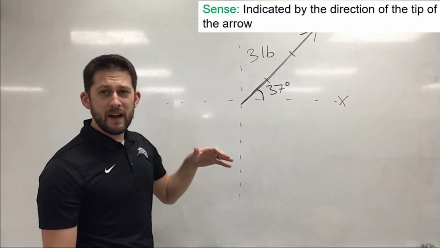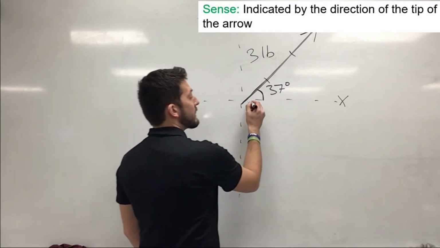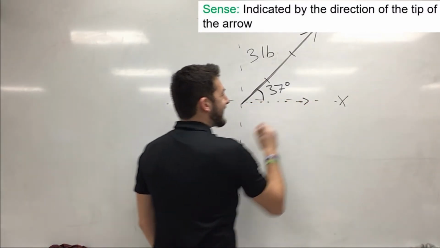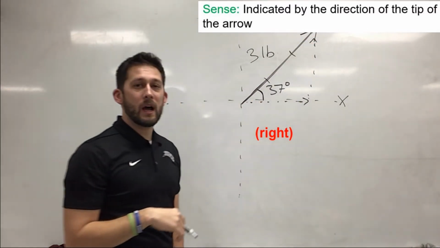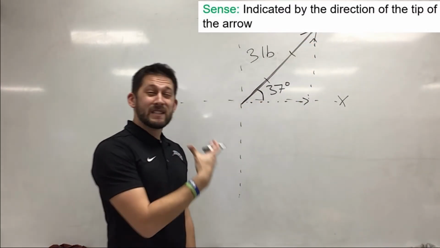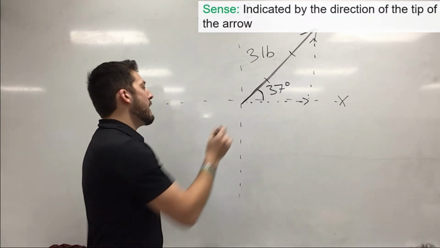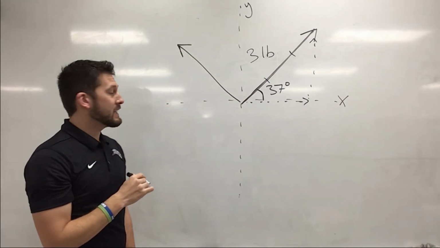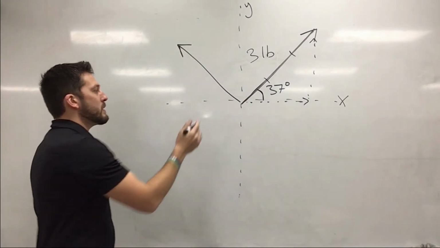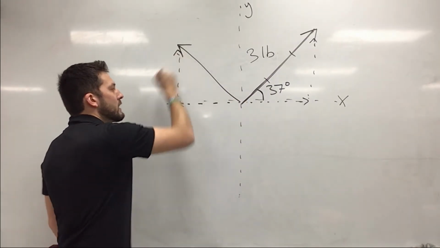As I look at this vector, if I were pulling an object that way, there's a piece of my vector pulling right, and there's a piece of my vector that's also pulling up. So the sense of my vector would be rightward and upward. Maybe if I had a vector that looks something like this, my sense would be leftward and upward.